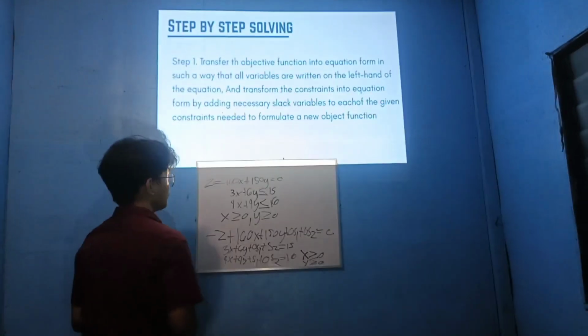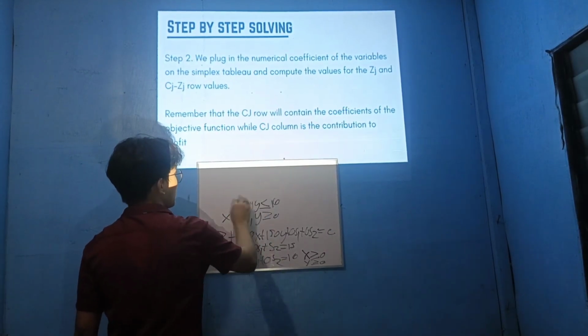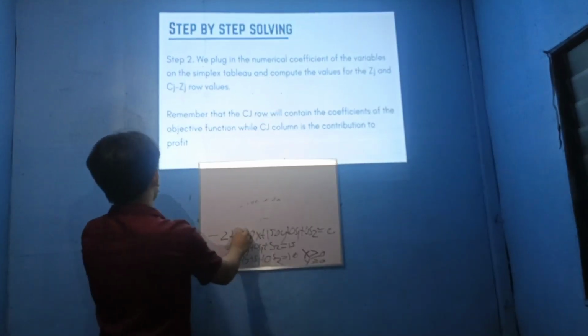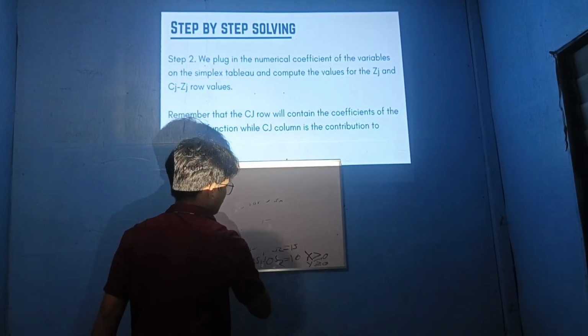In step 2, we plug in the numerical coefficients of the variables on the simplex table and compute the values for the cj and zj rows.